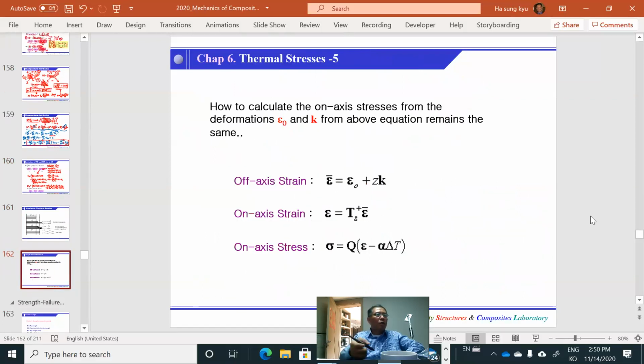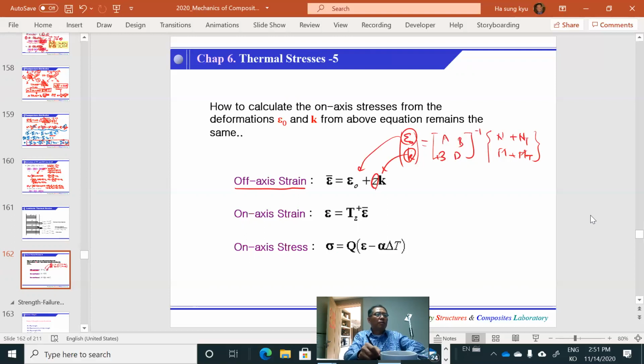Once we have epsilon 0 and curvature, and now we have the A, B, D matrix inverse, and now N and M plus N, this is the thermal term, and the mechanical bending thermal term. And once we have epsilon and curvature, the next step, which is the calculation of off-axis strain, will be the same as before, for each ply.